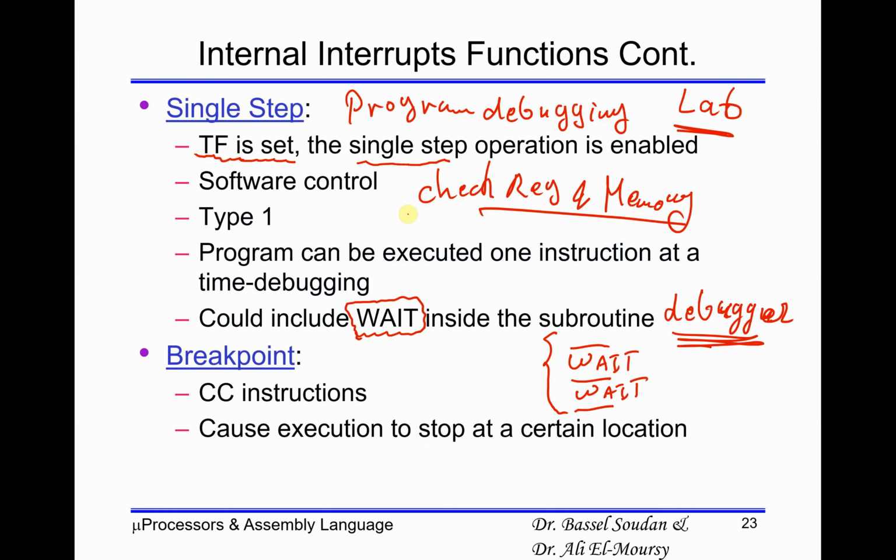Okay, so if the debugger has injected these wait instructions inside my code, that means my program will stop after each and every instruction execution and change the focus to the end user in order to allow him to investigate the code.